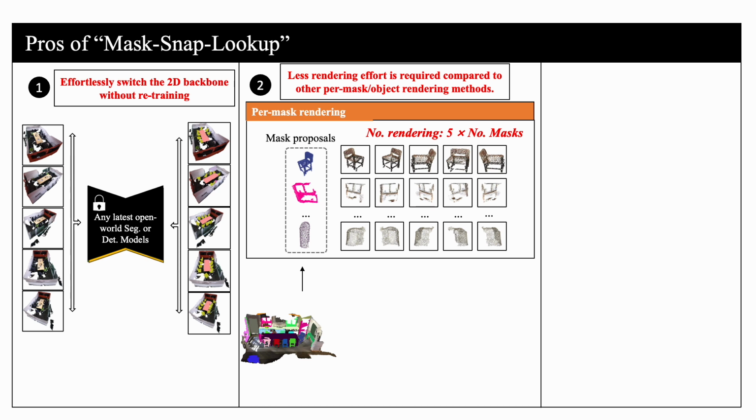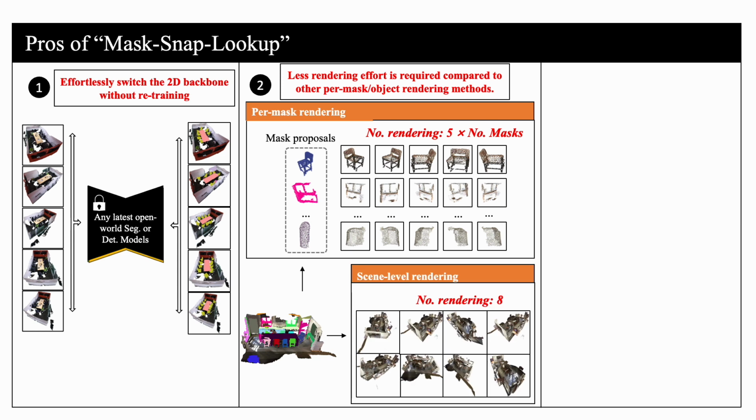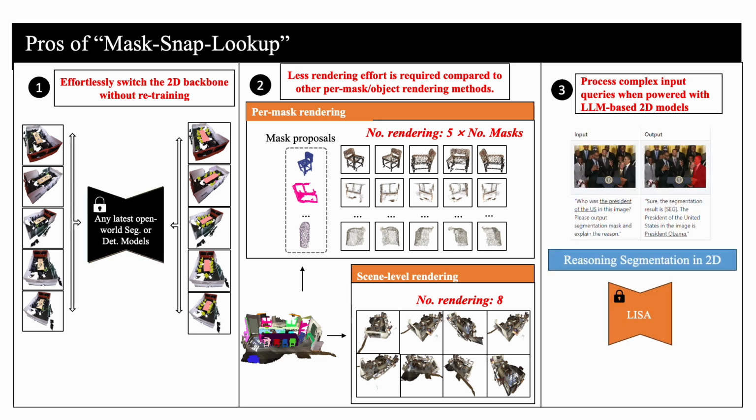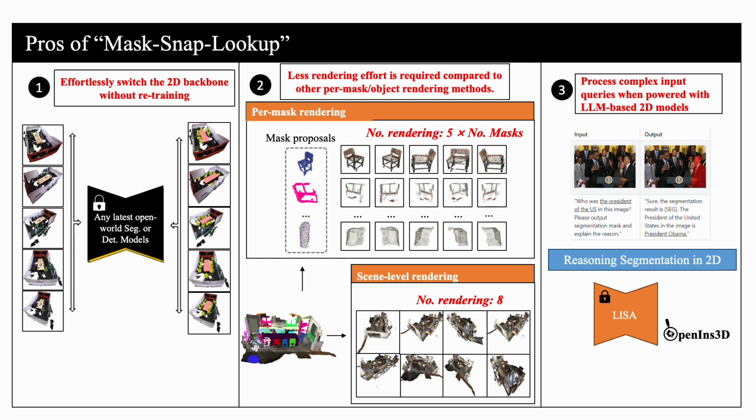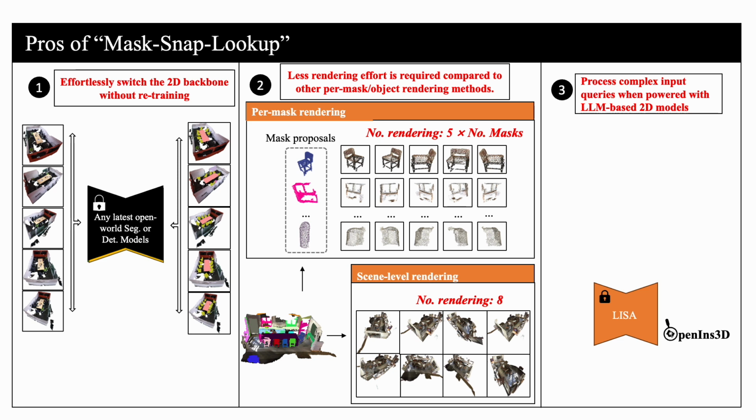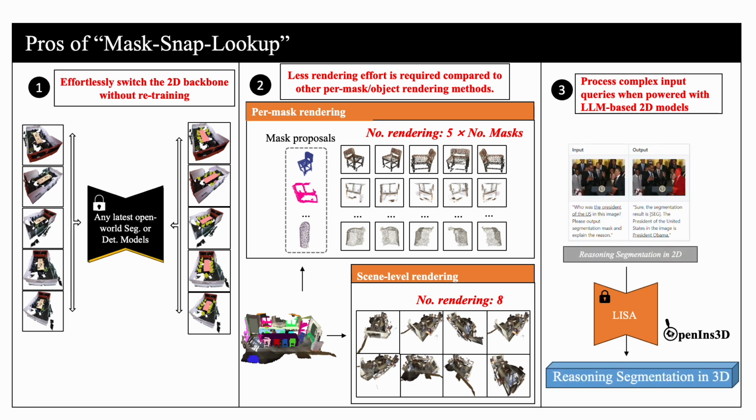Second, compared to object or instance type of rendering, the scene-level rendering approach requires less rendering effort. Lastly, the impressive complex input handling capability of some open-world models can be transferred directly to 3D with the OpenIns3d framework. As a result, OpenIns3d can also conduct 3D reasoning segmentation tasks that are unseen in other 3D frameworks before.